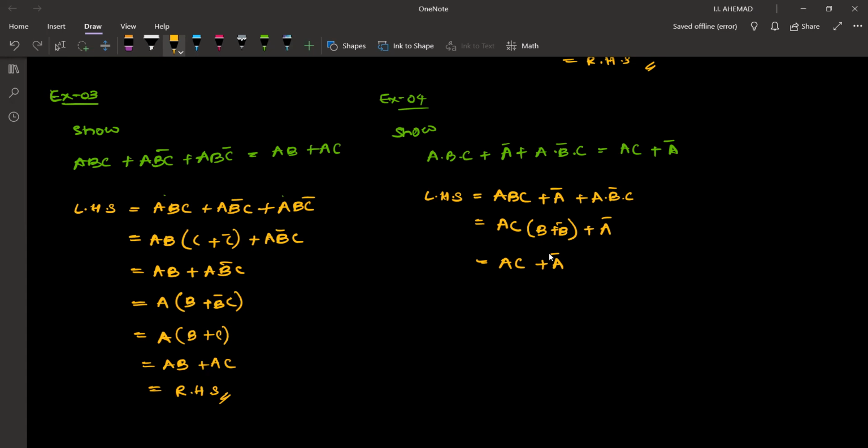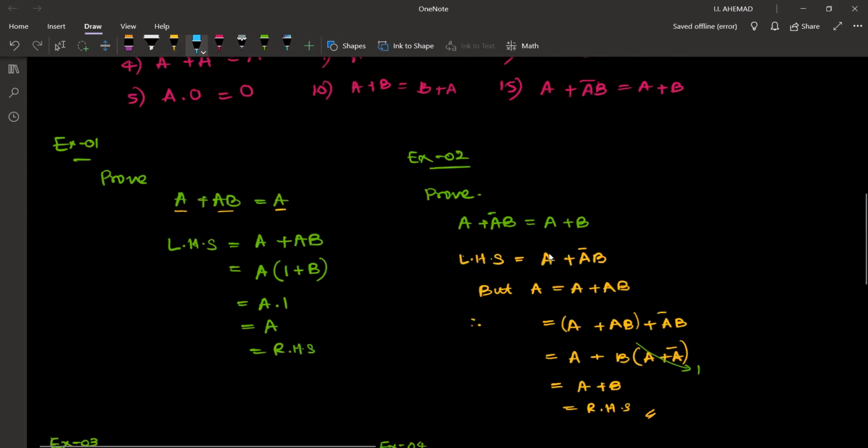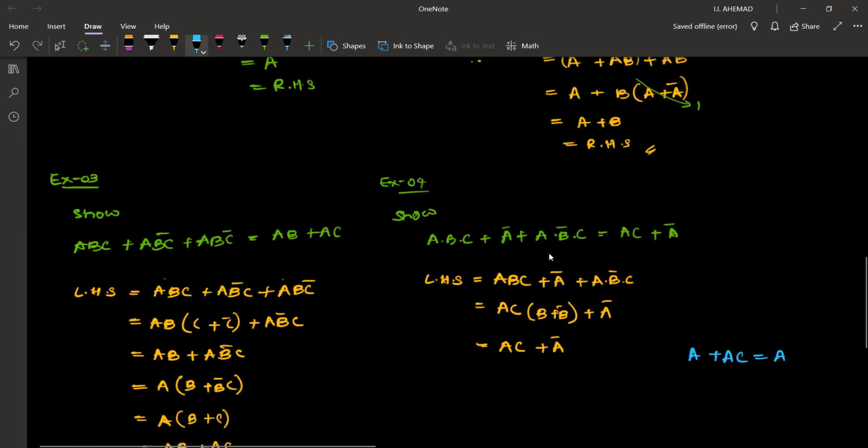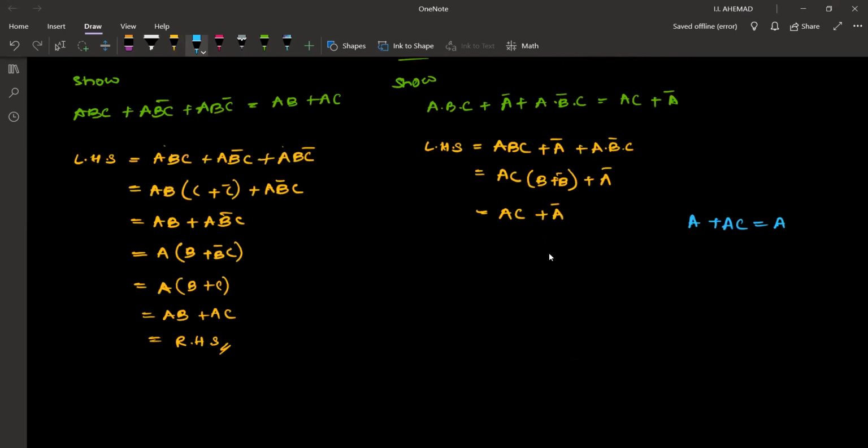Instead of A, I can write A plus AC is equal to A, right? A plus AC is equal to A.